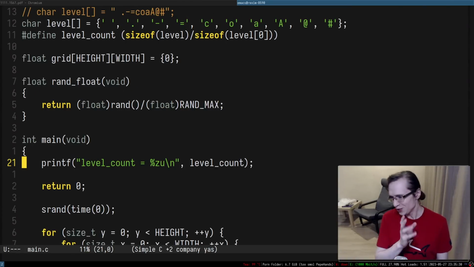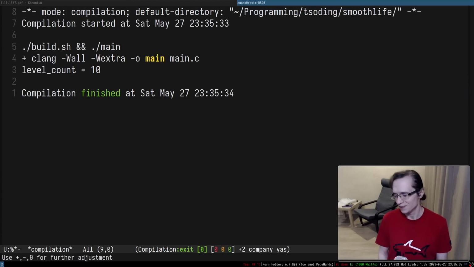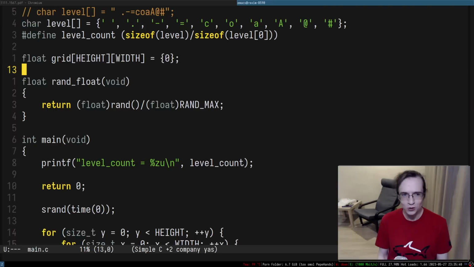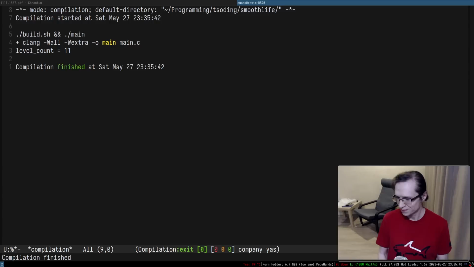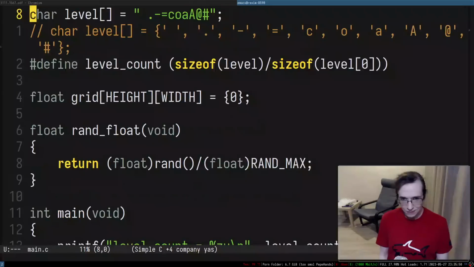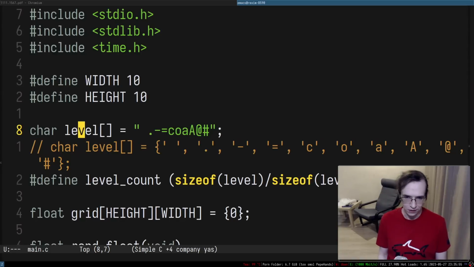So, if you initialize this entire thing like this, it's going to be 10. It's going to be correct. But if you do it like this, it's going to be 11. All right, so you can also specify the byte size like this.